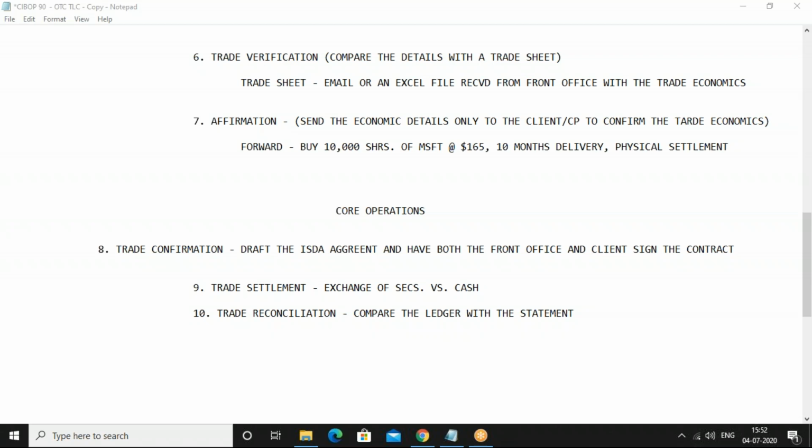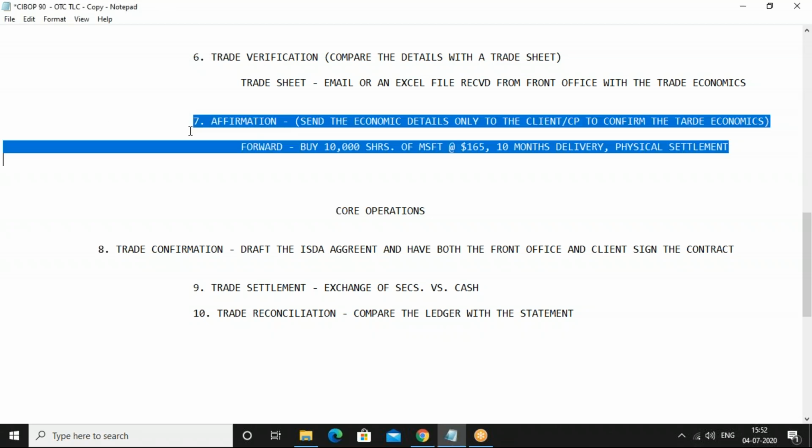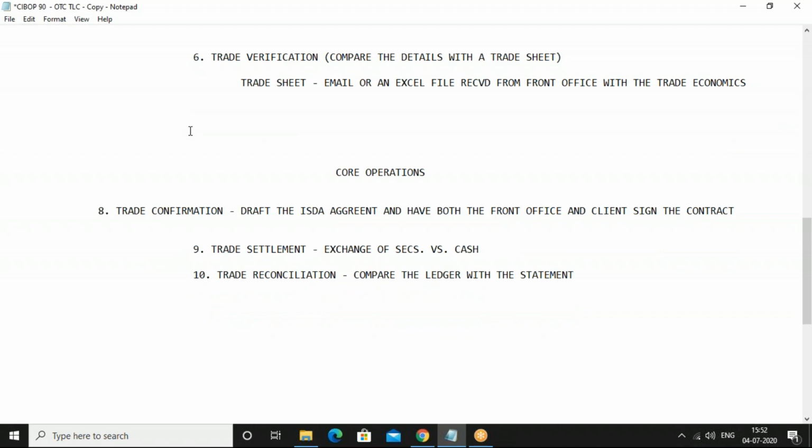So are you guys getting why you have to do affirmation? Let's say I remove this step and we go directly to trade confirmation. You have to understand there is no exchange, no clearinghouse, no third source to compare your information with. What if I have one set of details and you have another?